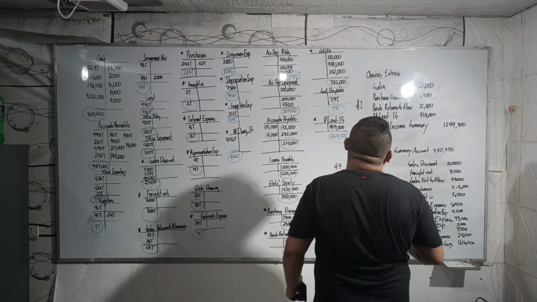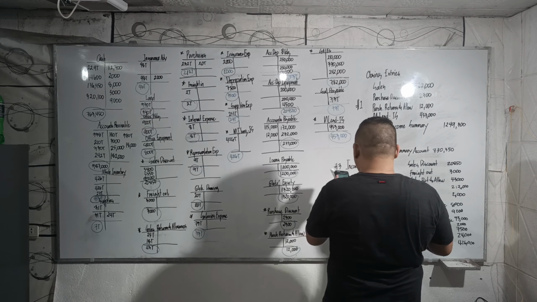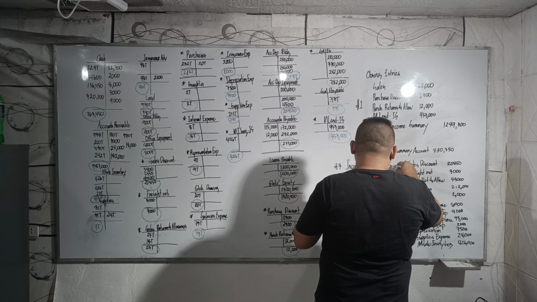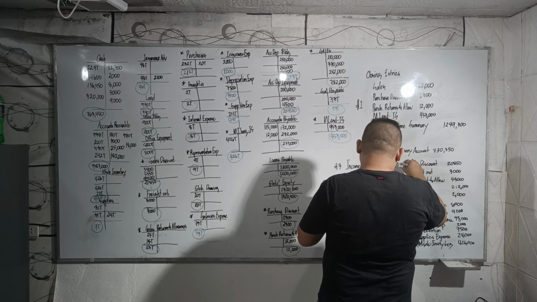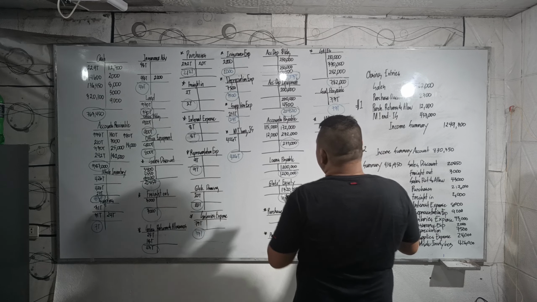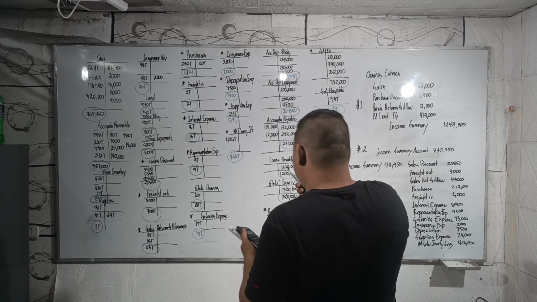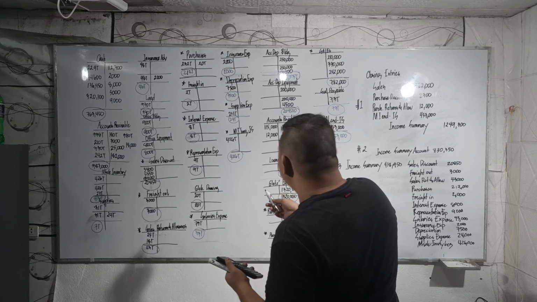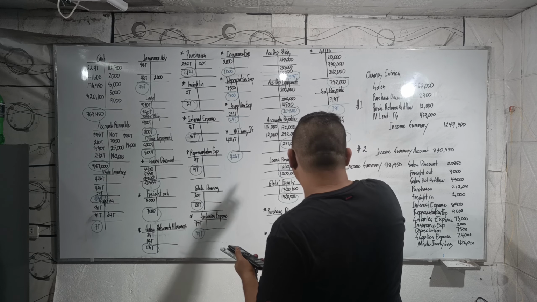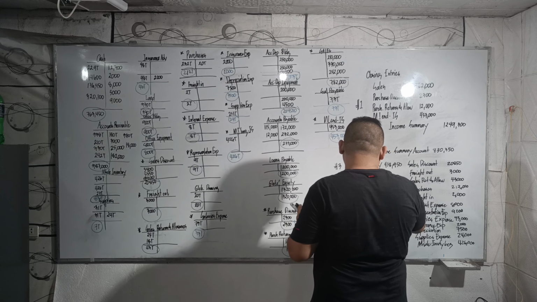So in order to close the income summary, I have to debit it. 418,950, and I'm going to put it already on the Gletz's equity. Where is it? Oh, Gletz's equity.